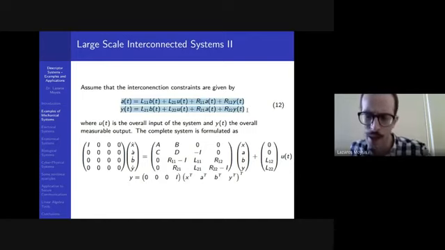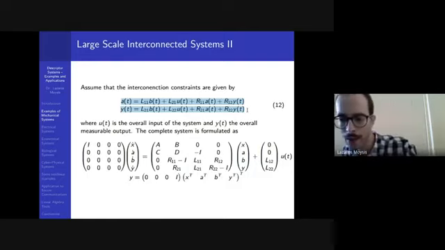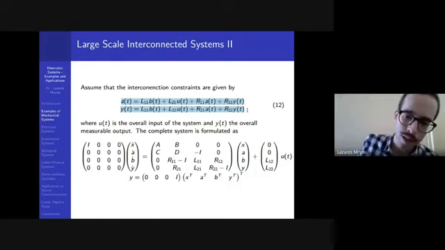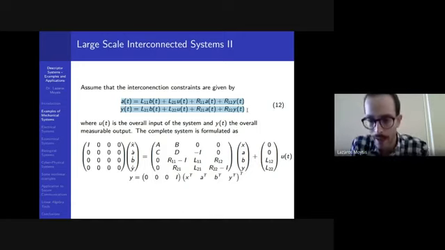For example, the input to one system may become the output of the other system. The state of one system may be the output or the input to another system. So you need some sort of constraints, algebraic relations, to show us how these systems relate to each other.